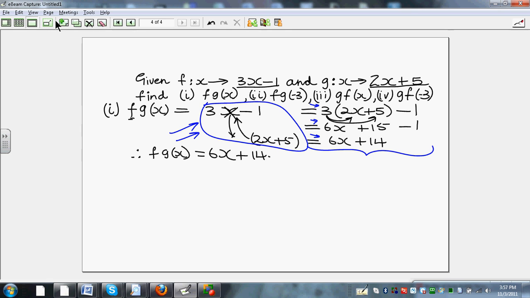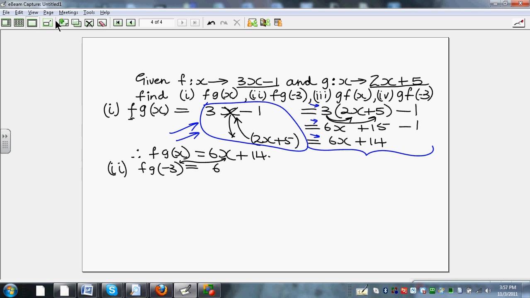If we are required to find in part 2 f g of minus 3, that will be found by saying in f g of x, what we will do is replace the x by the minus 3. In f g of x, instead of using the x, we'll use minus 3.